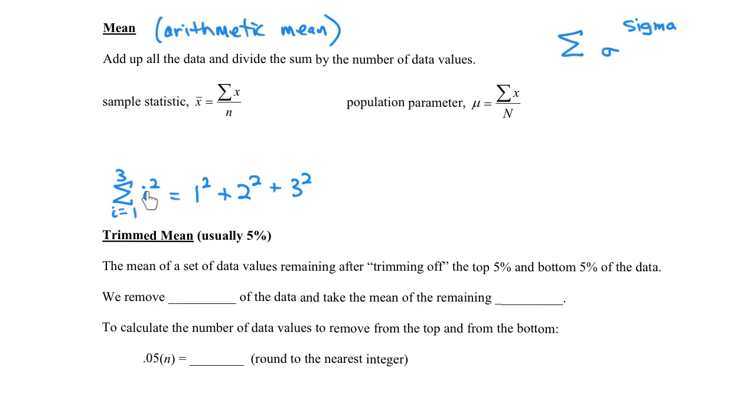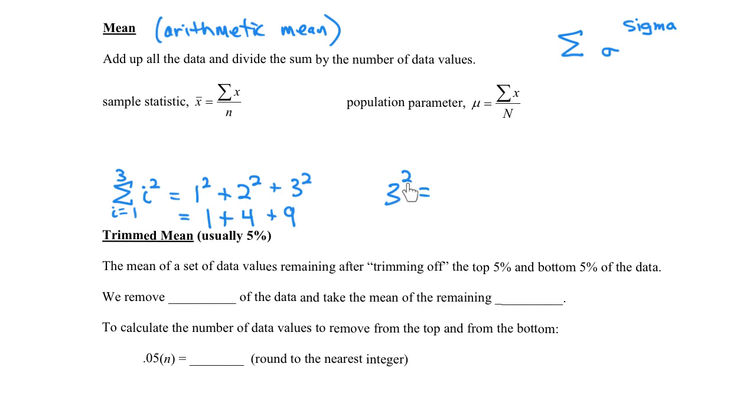And then we stop, right? If it said 1 to 5, we'd put a 4 squared, then a 5 squared. But it's just 1 to 3. Then we just do the math. So this says 1 squared, that's 1, plus 2 squared is 4, plus 3 squared is 9. And just a little review, if you have 3 squared, remember this means this is an exponent, or a power, however you want to say it.